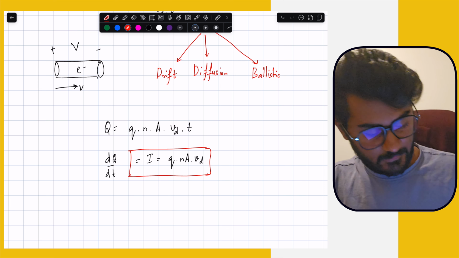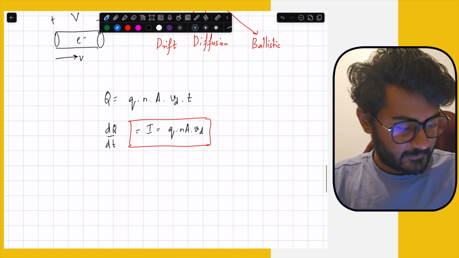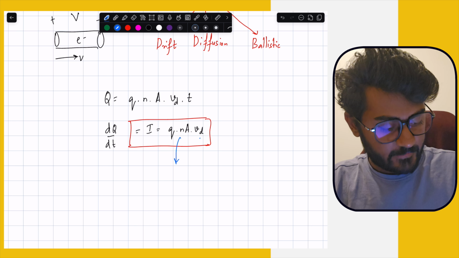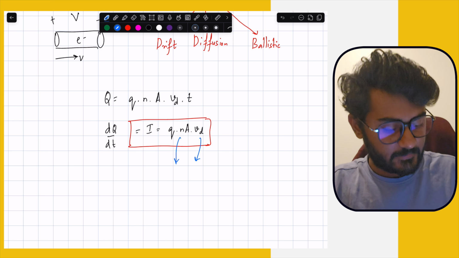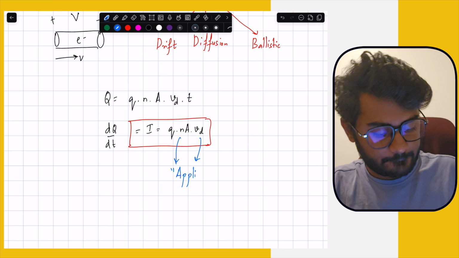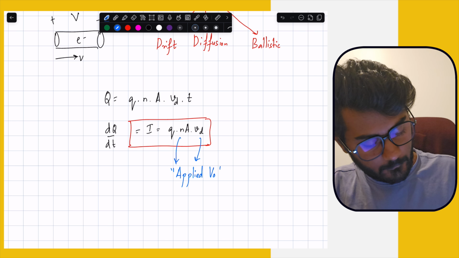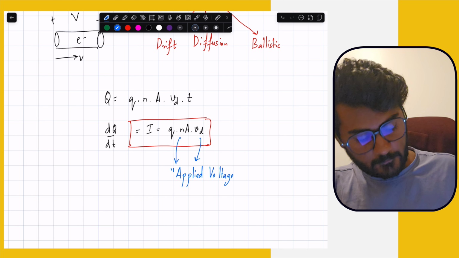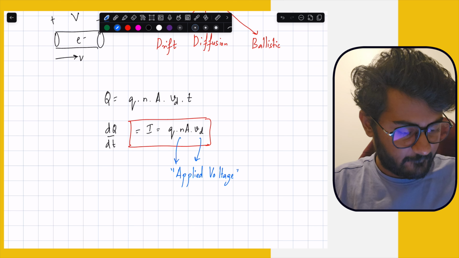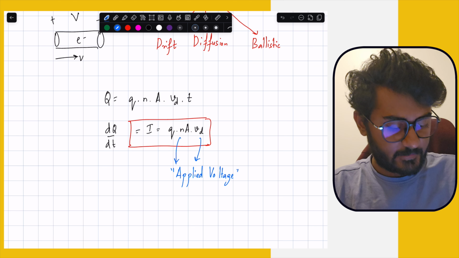Even though the final expression looks like it doesn't have any voltage dependence, it turns out that when you find your carrier concentration and your velocity, it actually depends on your applied voltage. So this is what we call the physical model of current, or the theoretical model.